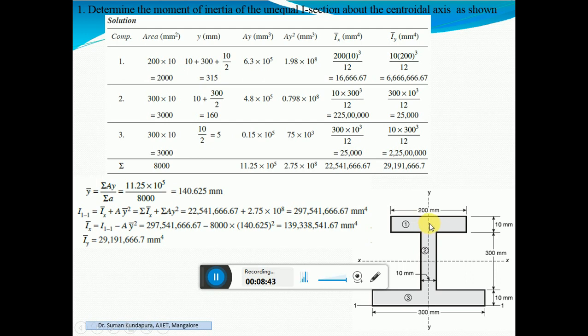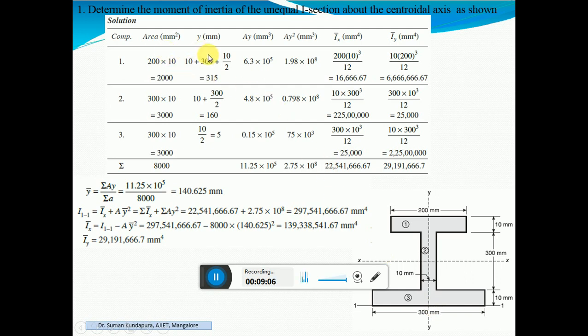CG will be lying over here somewhere. So with respect to axis 1-1, what is this total distance? Total distance is 10 plus 300 plus 10 by 2, correct? So 10 plus 300 plus 10 by 2, which is 315. So this point is at a distance of 315 from the 1-1 axis, correct?